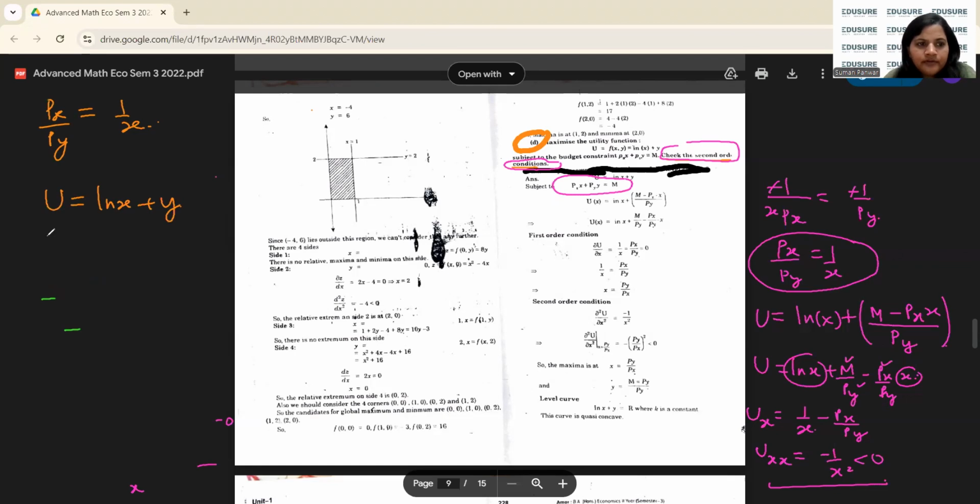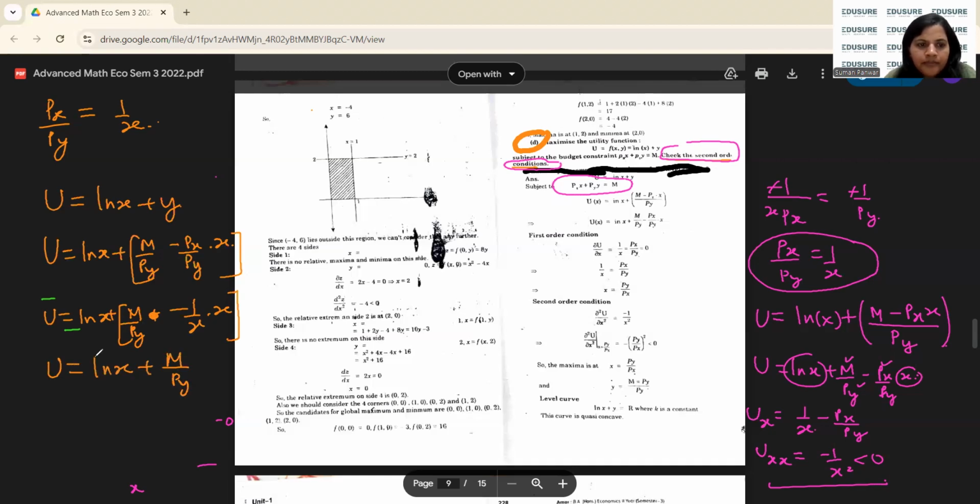And what was y? y was m/py minus (px/py)·x. So this is m/py, and px/py is 1/x, so that is going to be minus (1/x)·x. So u = log x + m/py minus 1. So this is the value.